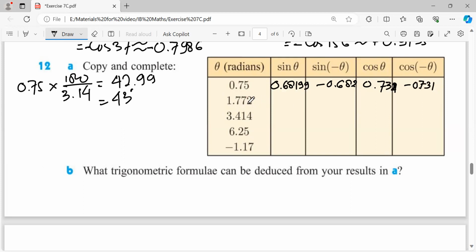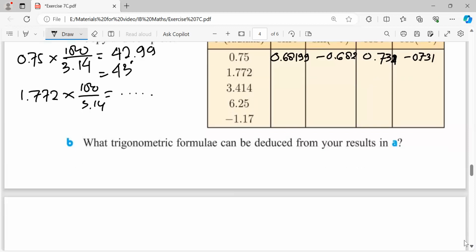As well, for 1.772, you have to convert to degrees. It becomes times 180 over 3.14, and you could find a number. After that, find this number. Okay? Next, 12B.